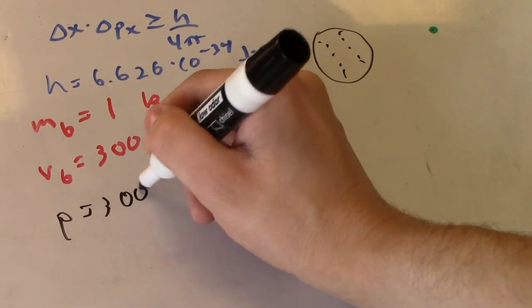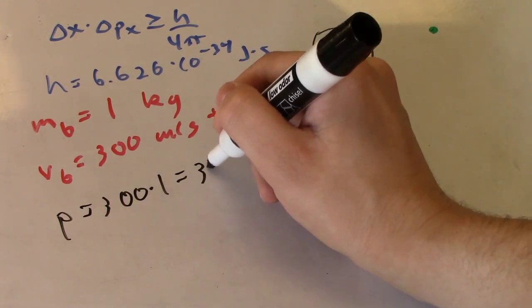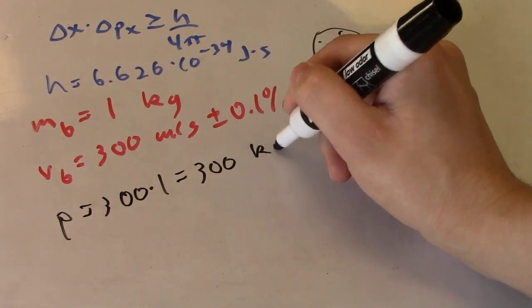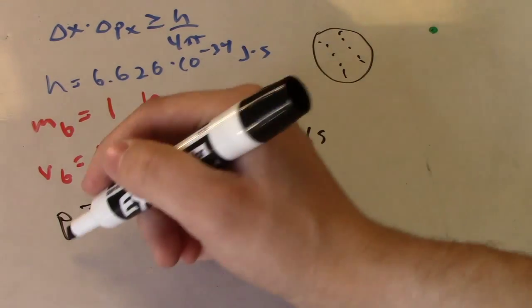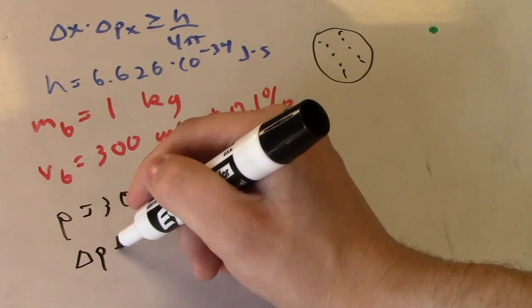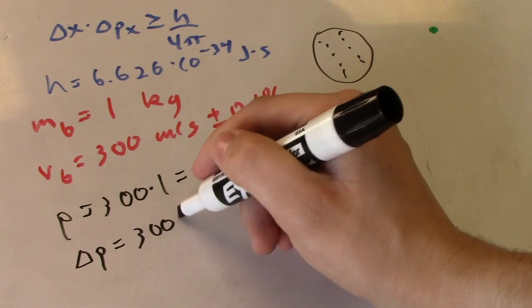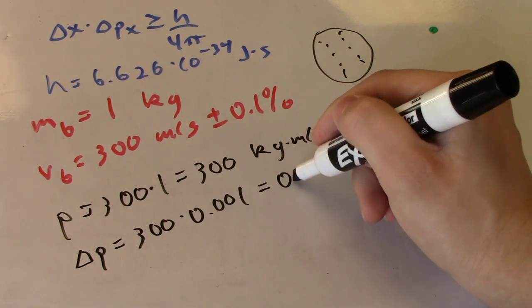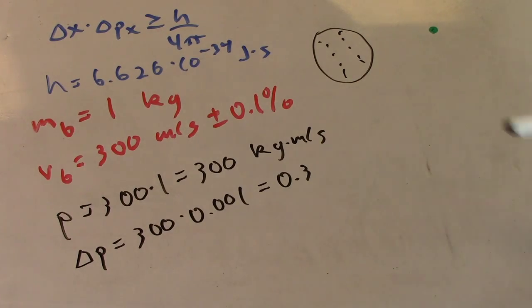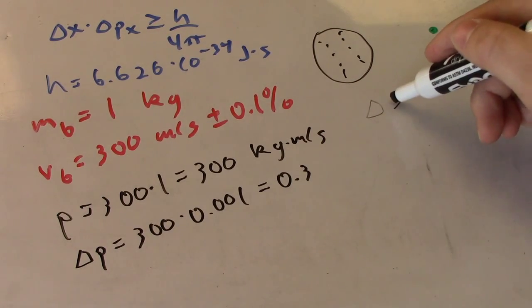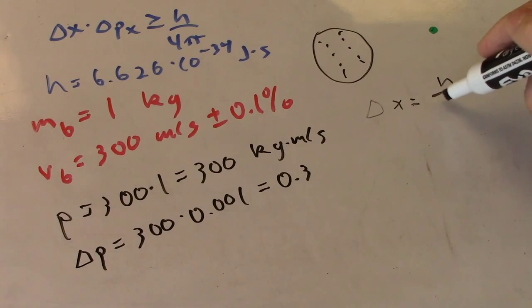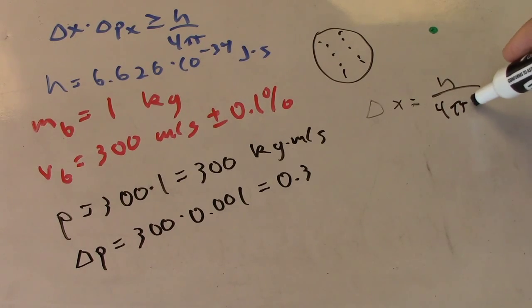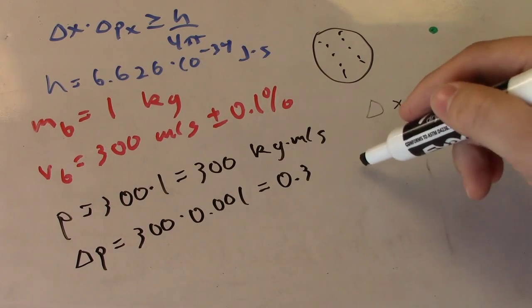Since momentum is just mass times velocity, we get a momentum of 300 kilogram meters per second. The error in this is just the momentum times the accuracy of our measurement, that is 300 times 0.001, which is 0.3. We then move the uncertainty of momentum over to the other side and use it to calculate the uncertainty in position.